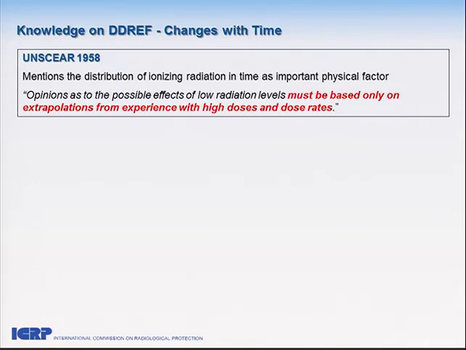And although we nowadays know much, much more about radiation action on biological systems compared to in the year 1958, the situation is still the same. So we have to extrapolate from higher doses and higher dose rates down to lower doses and lower dose rates, which are relevant for the radiological protection setting.